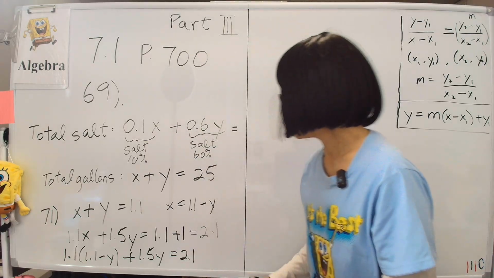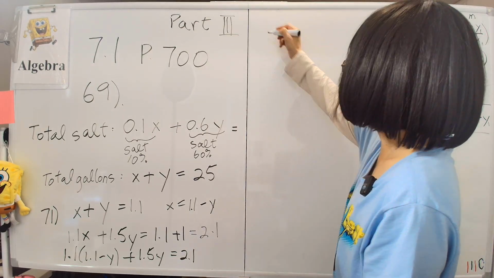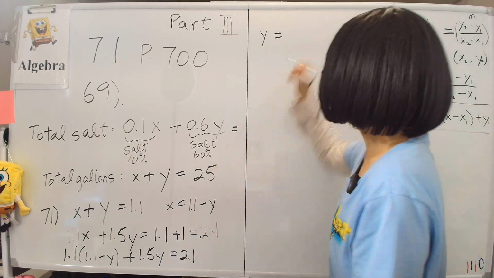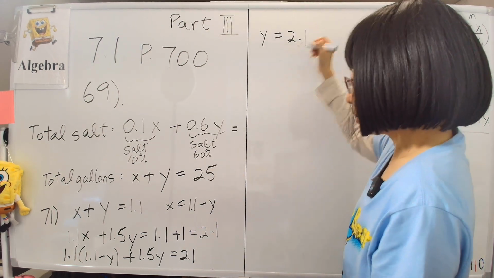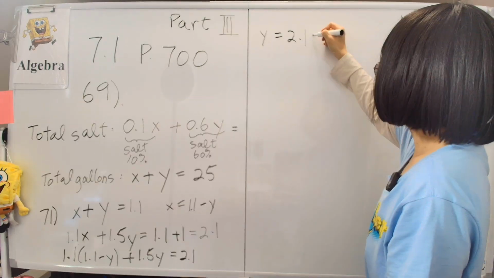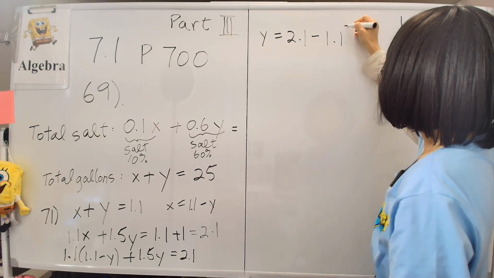Then from that we can isolate y. y will be equal to the 2.1, and then the number 1.1 times 1.1, which becomes a minus when we throw it to the other side of the equation, squared.